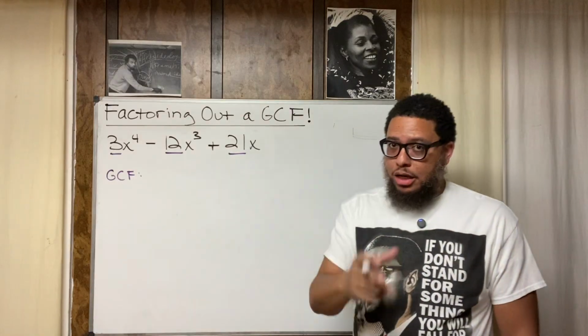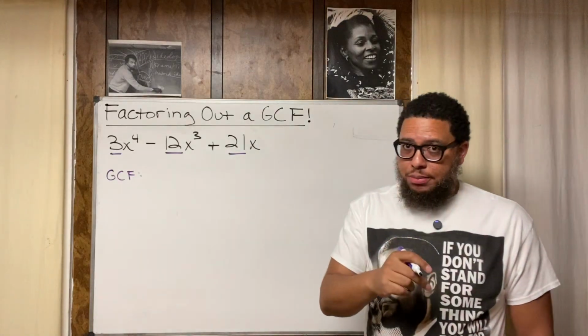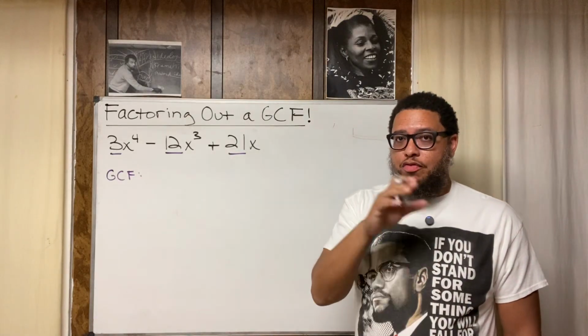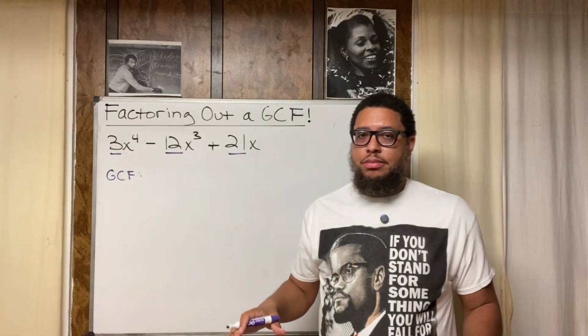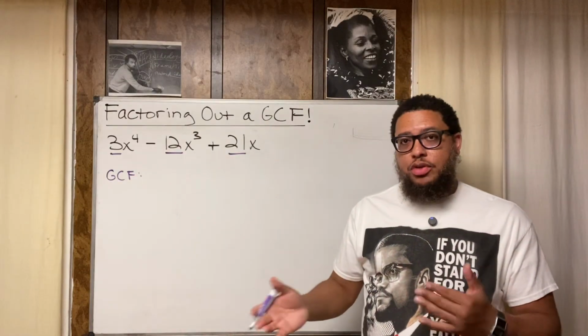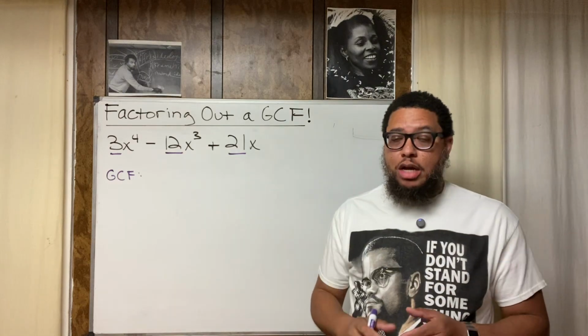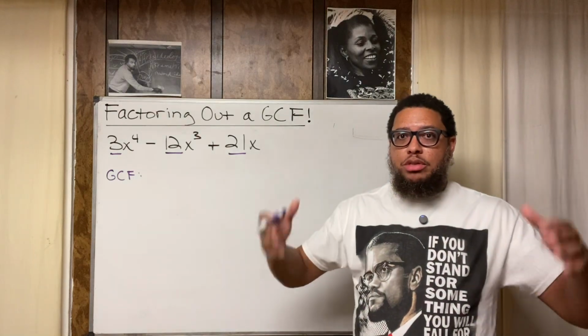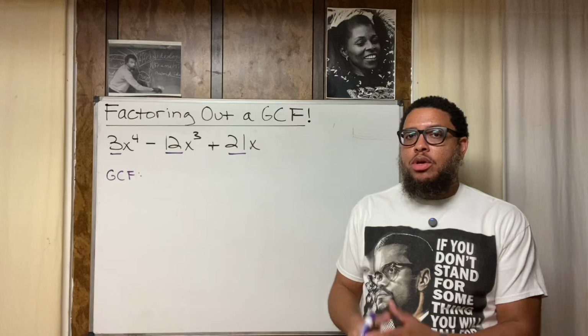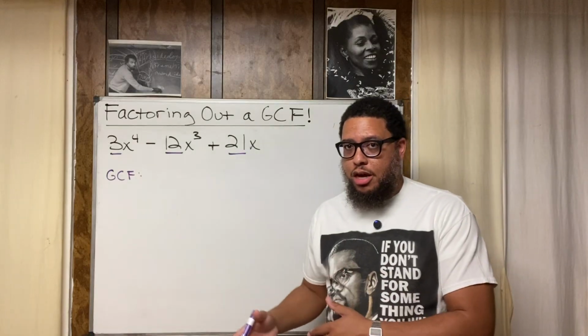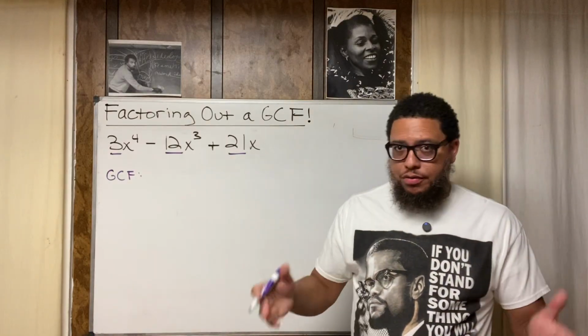This is why in elementary school, hopefully, you learned how to find a GCF of whole numbers. If you didn't, I got videos. That's why you should be subscribed to the channel. I got a factors and multiples playlist where you can learn how to find the GCF and the LCM of numbers.